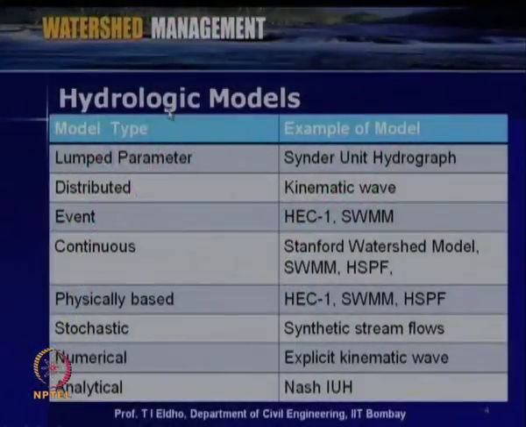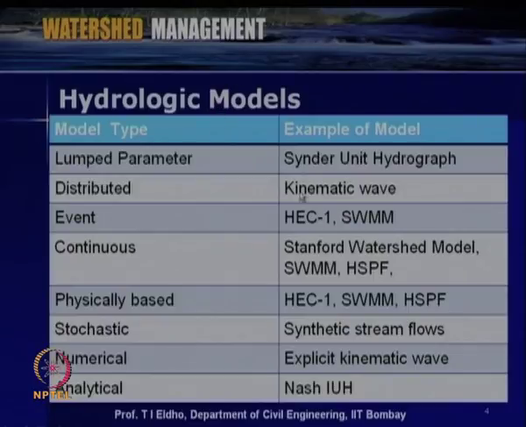As we discussed earlier, here I have shown the various types of hydraulic models. Broadly, the model can be either lumped parameter models like Snyder unit hydrograph, then distributed like kinematic wave, or event based models like HEC1 or SWMM, or continuous simulations like Stanford watershed model, then HSPF, then physically based models, then stochastic models like synthetic stream flows.